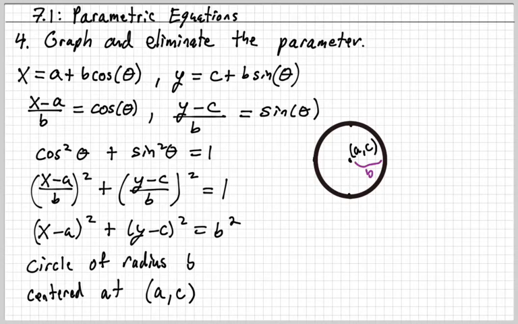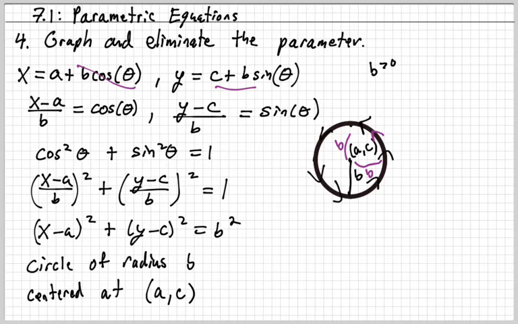Now at pi over 2, the cosine is going to be 0, and so our x-coordinate would be at a, and then our y-coordinate, the sine of pi over 2 would be 1, so we'd have c plus b, so we'd have a length of b there, and that would tell us a counterclockwise rotation. Okay, alrighty, and so that's our first example.